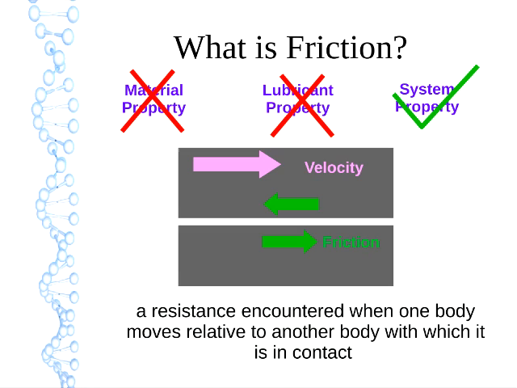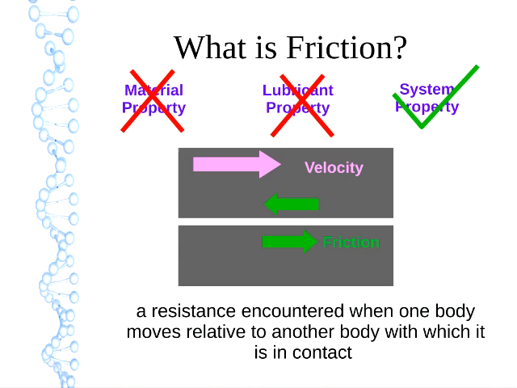So what is friction? Friction is a resistance encountered when one body moves relative to another body with which it is in contact. So you've got 2 bodies moving against each other, and friction wants to make each of those bodies move in the direction that the other one is moving.